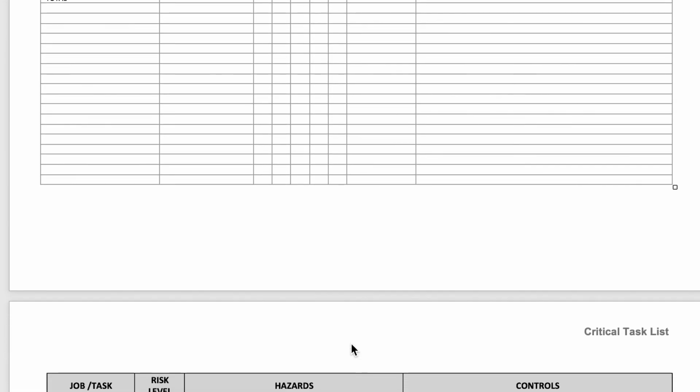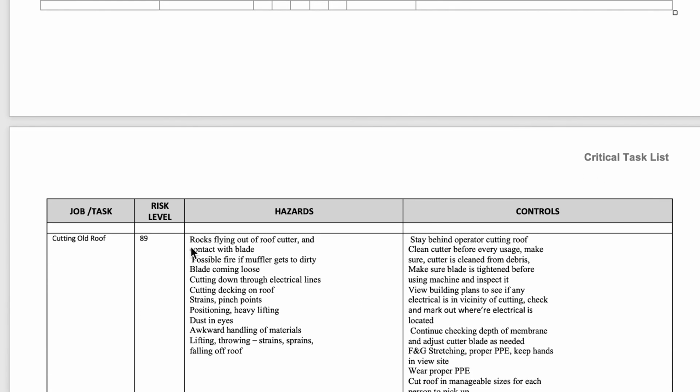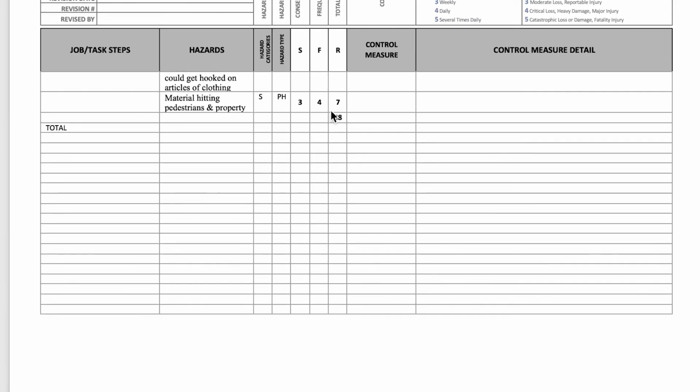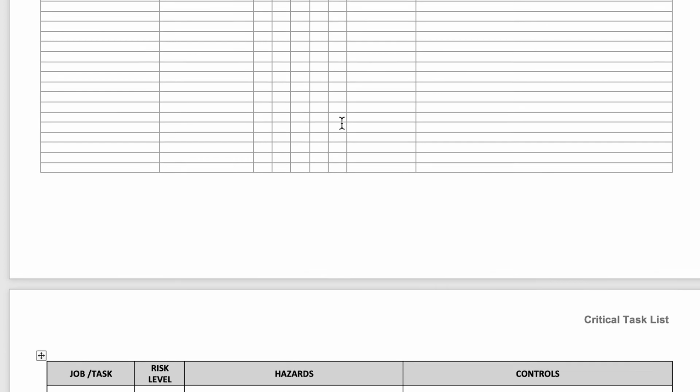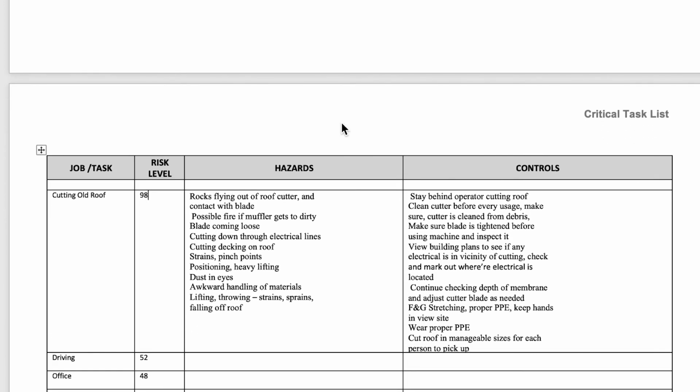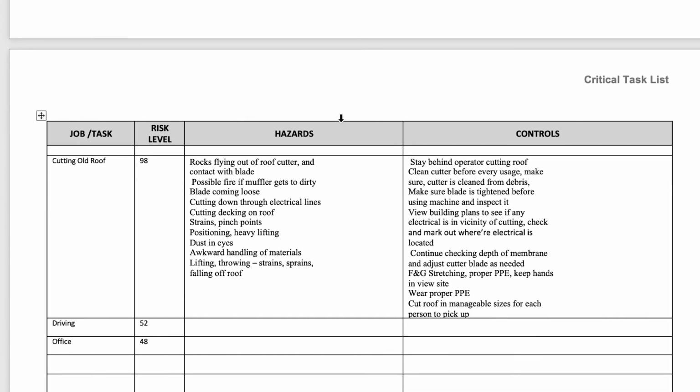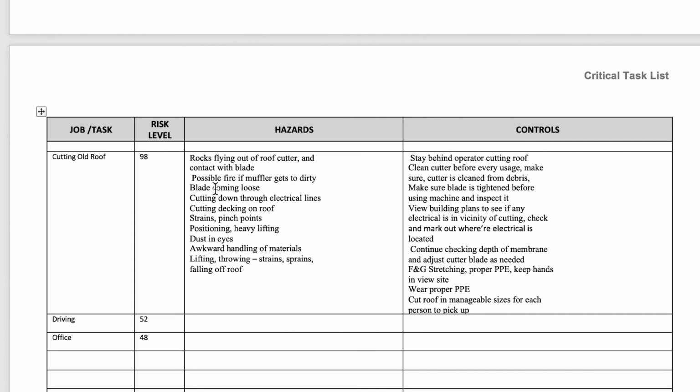Once you have completed all of the job duties, you will be able to come here to the next step, which is the critical task list. And as I had said, once I completed it, it was about a 98 for the cutting old roof. So again, that is a fairly high risk level, which would put it at the very top of our critical task list, compared to, say, driving or office work, which would be comparatively lower.